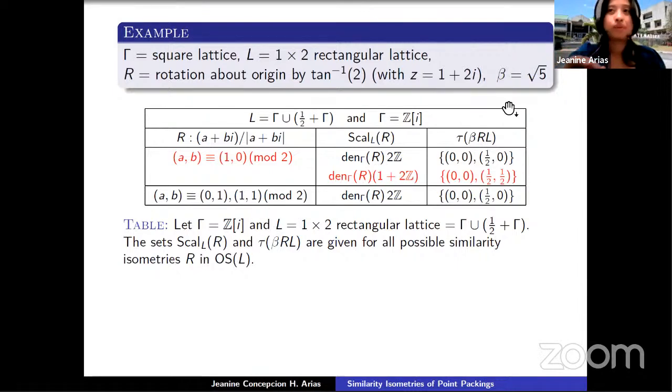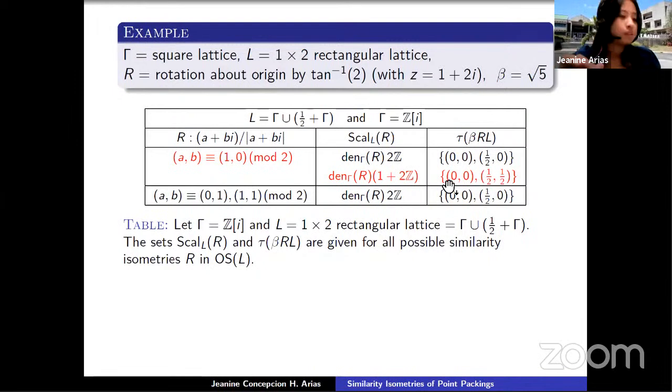And moreover, if we consider the scaling factor square root of 5, which is actually equal to the denominator of r, then we are classified under this category for skull. And thus we get tau for this example.